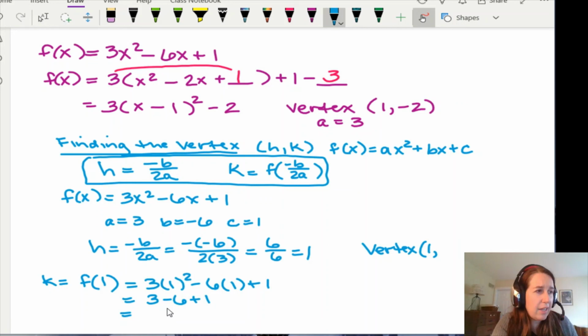Okay, that's exactly what we got before in our vertex, of course, because it is the same equation. So it's just another way we can find the vertex and avoid doing the transformation work, avoid completing the square. Okay, then of course the a value is actually the same in standard form and in vertex form, so the a is still 3.